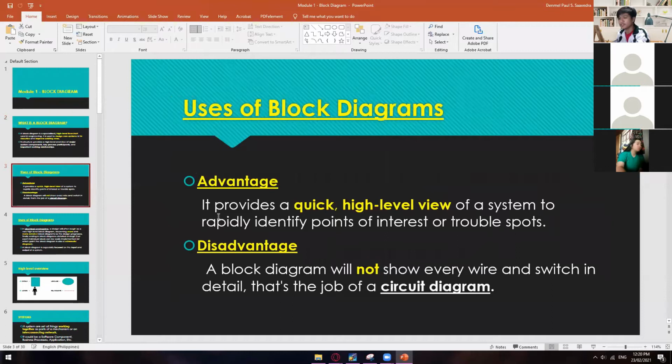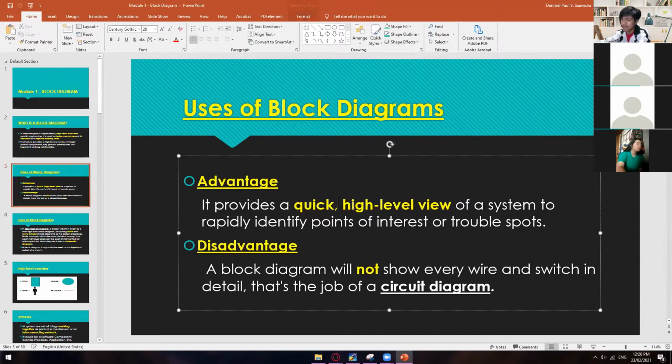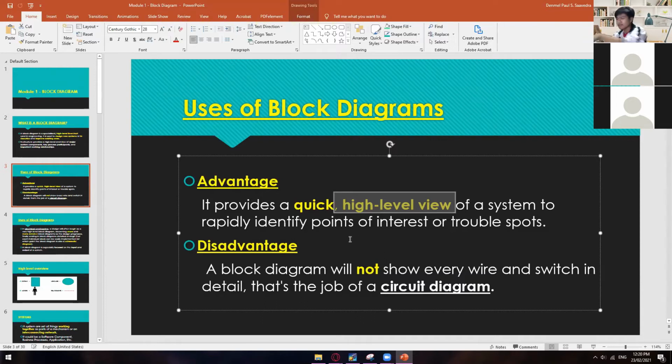Here are the advantages and disadvantages of using block diagrams. The main advantage, or use, of a block diagram is that it gives you a high-level, bird's-eye view of a system or process. You will easily identify that this one goes here, this one goes there, and so on. From there, you will know where the data will go until it reaches the last one, which is the output.